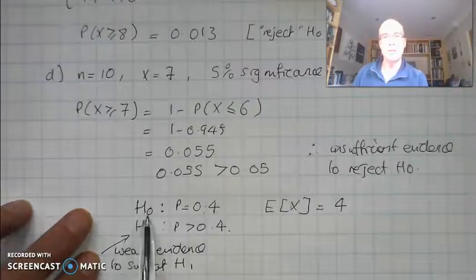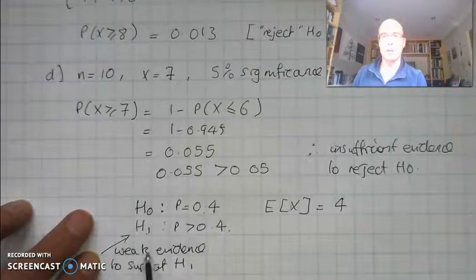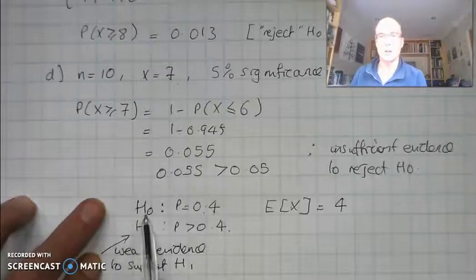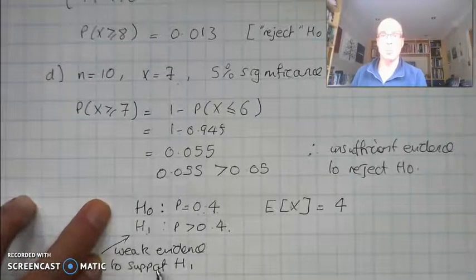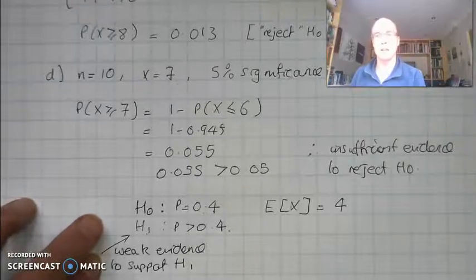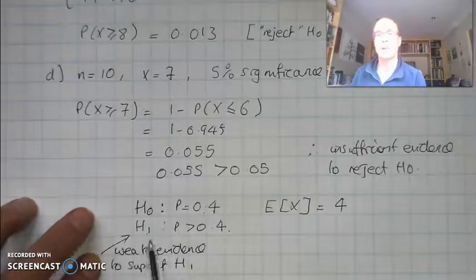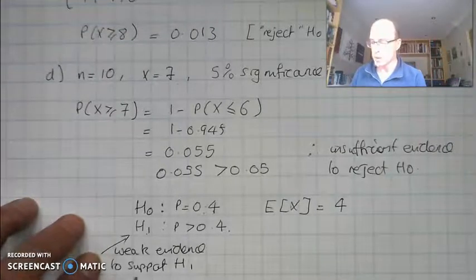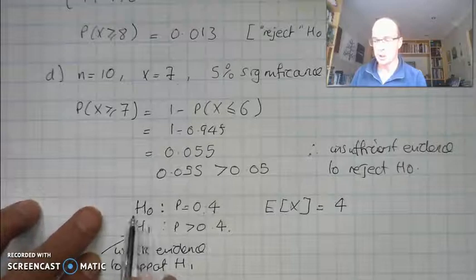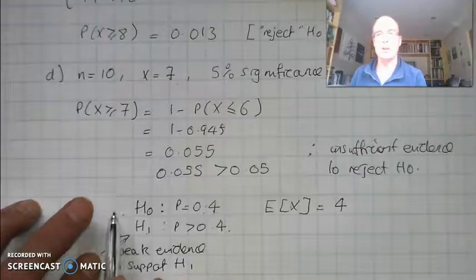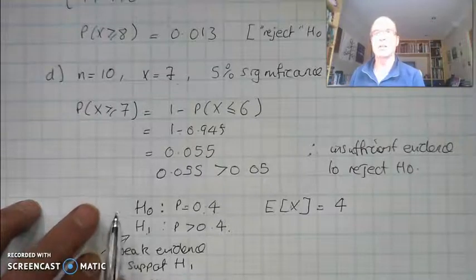So if I've got that result and I've got 7 people, I don't want to give a positive statement that I'm going to accept H0. Actually, what I'm probably going to do is try to get some more data and carry out the test again to see whether I can get sufficient evidence to make that conclusion. But that evidence of 7 people does not support H0. It just means I haven't got enough evidence yet to get rid of it.